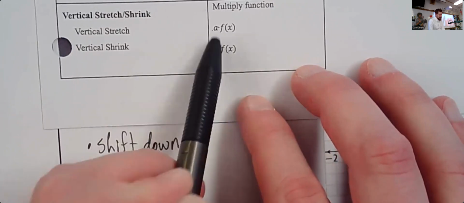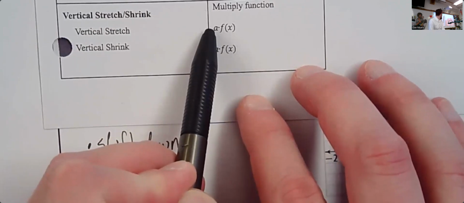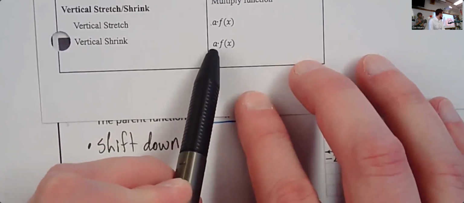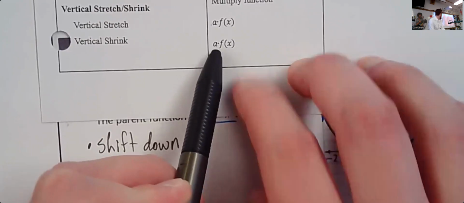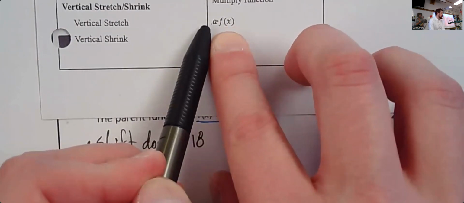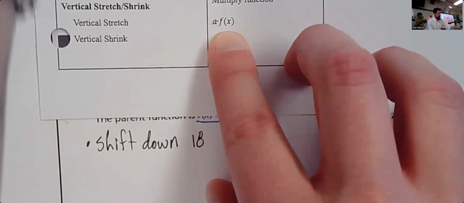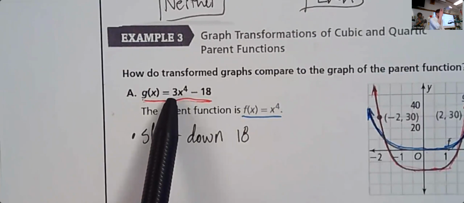And if that a value is greater than 1, it's a stretch. This should say a is between 0 and 1 for the shrink, but we don't need to worry about this one right here. As long as that a value is greater than 1, it's a vertical stretch. Here, 3 is our a value, which means it's a vertical stretch by a factor of 3.